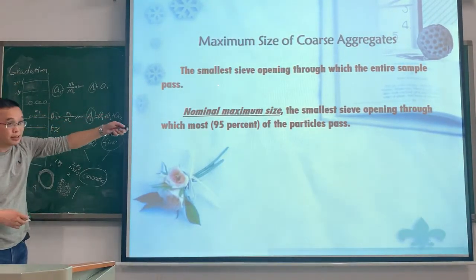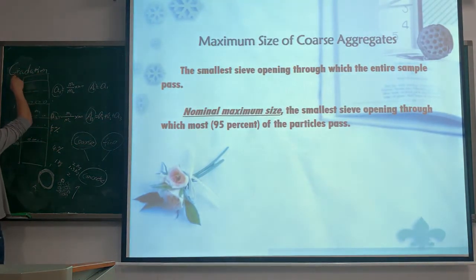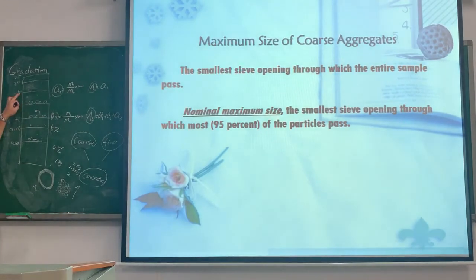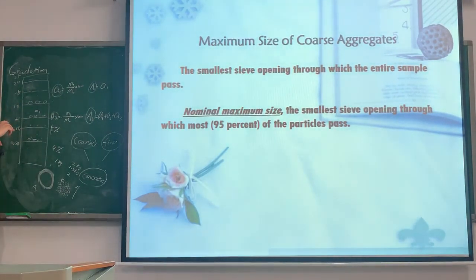So although there are three sieves all passing, this one is the smallest sieve. So what is the maximum size of this aggregate?